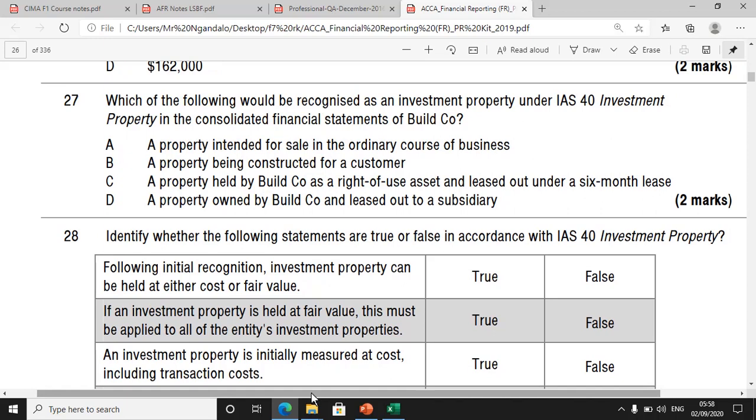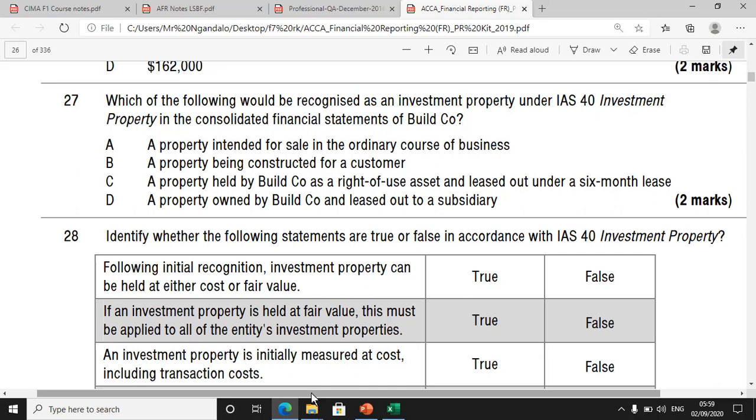Okay, so this one, I think we need to be a bit careful. This one could be treated as owner occupied. Okay, interesting.